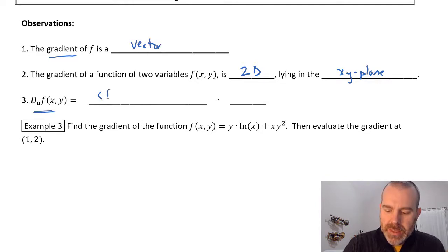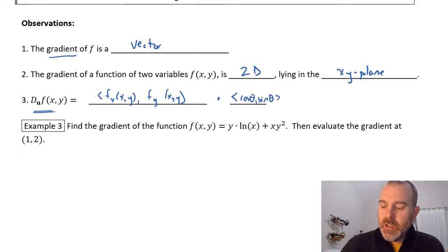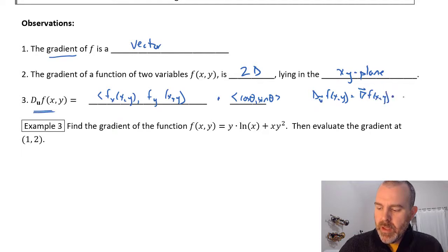Well, that would be the same thing as taking our gradient and then taking the dot product with our u vector. So in other words, the directional derivative is the gradient vector dot product with the directional vector.